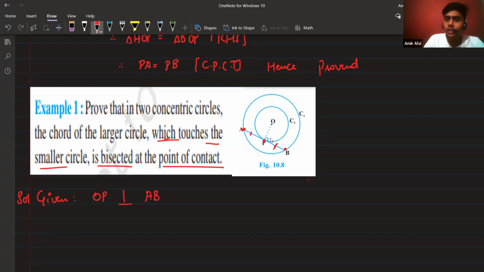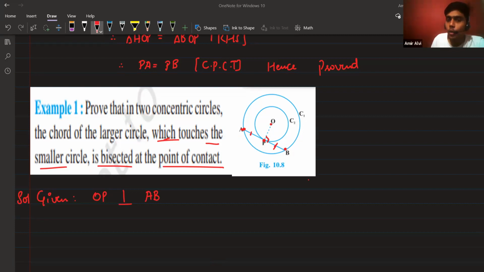Whenever there is a point of contact, if we draw the radius to it, it will be perpendicular. I've told you in the previous theorem proof. Remember? So that's why OP is perpendicular to AB. Now tell me, if I'm saying this OP is nothing but its radius, OP is starting from the center.